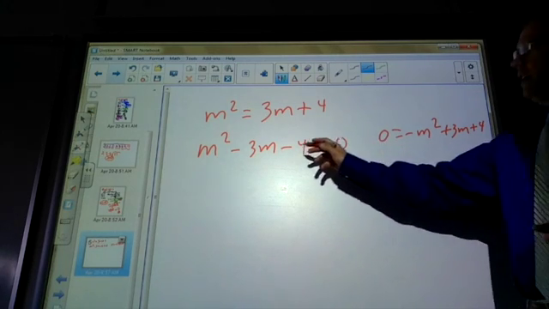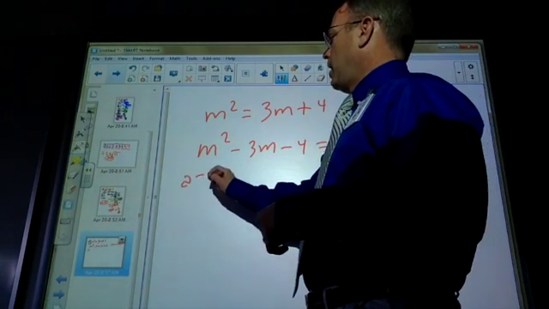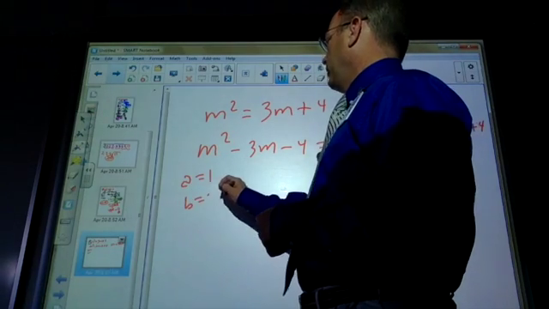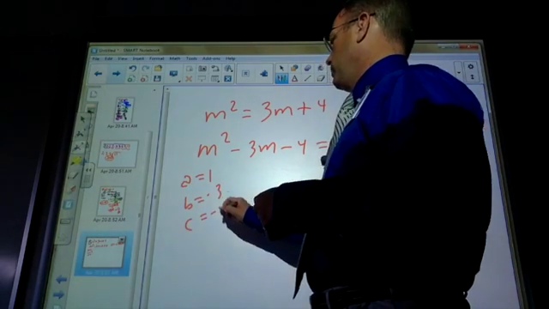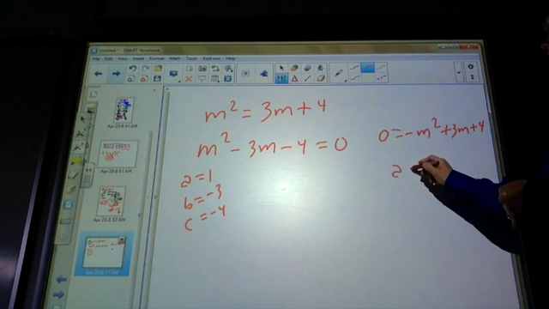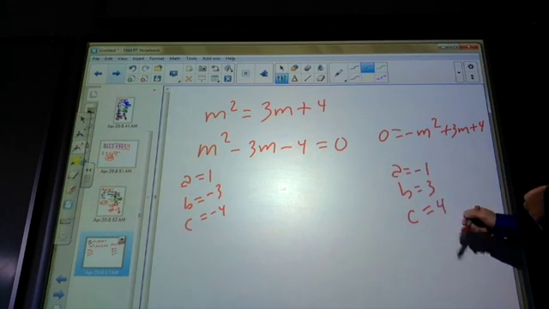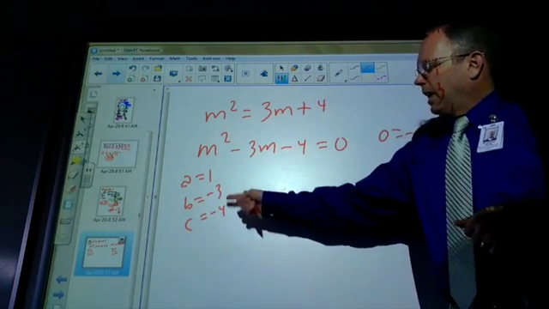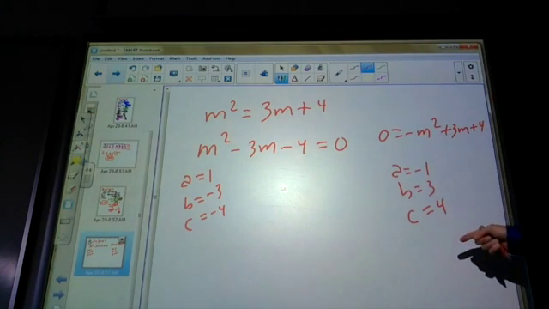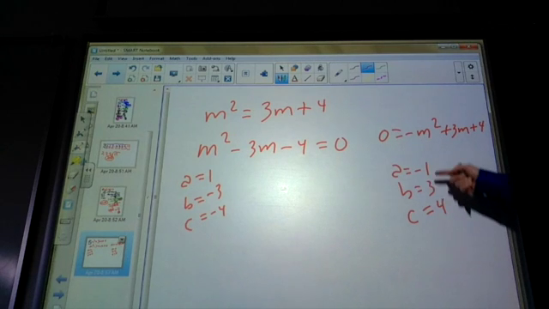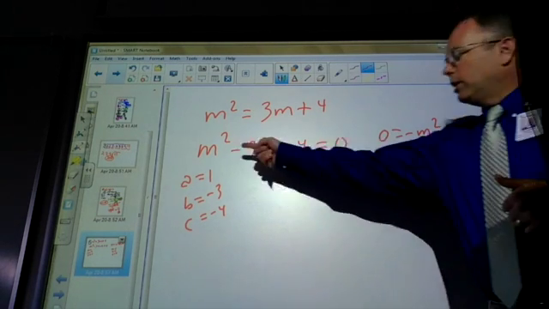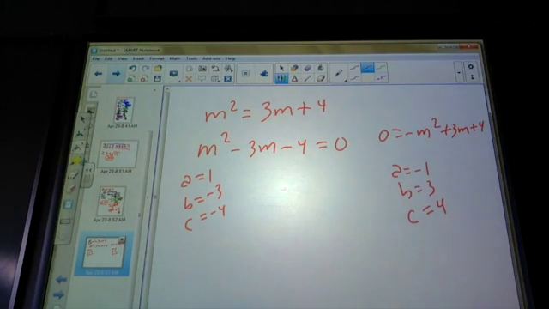The reason why is A on this one is 1, B is equal to -3, C is equal to -4. On this one, A is equal to -1, B is equal to 3, C is equal to 4. So notice, positive, negative, negative, negative, positive, positive. Because of how the quadratic formula is set up, this is going to result in the exact same answer as this. Is that all right?